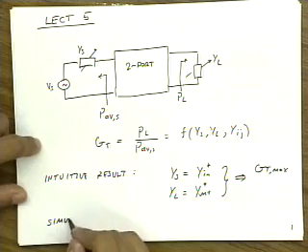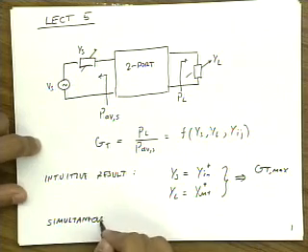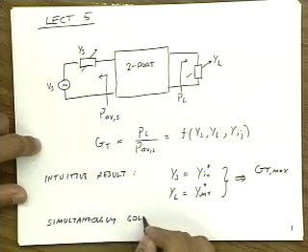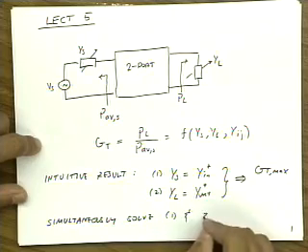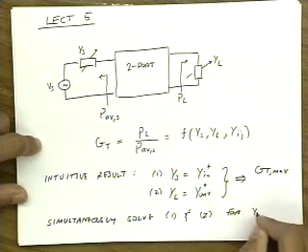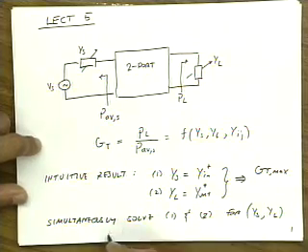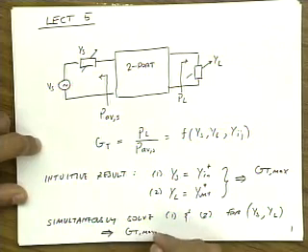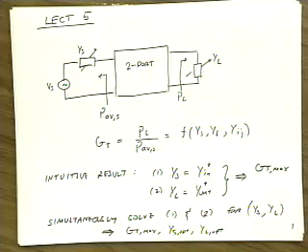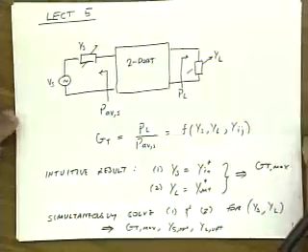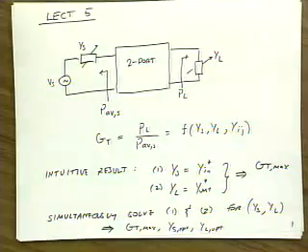So if we simultaneously solve, let's call this equation 1 and equation 2, for Ys and YL, then we can find GT max, Ys opt, and YL opt. Whenever you have 2 equations and 2 unknowns, you first have to ask, is there even a solution? So we're kind of assuming the solution exists.